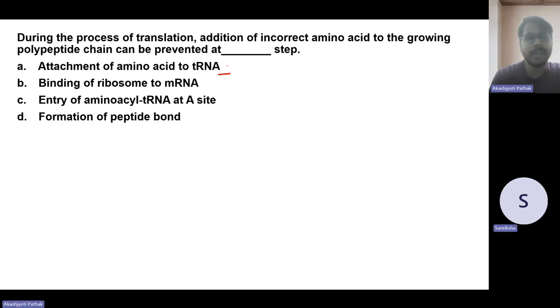Depending on the anticodon sequence, a particular amino acid will be recruited, right? So if you have to inhibit the incorporation of an incorrect amino acid, you have to prevent the attachment of the incorrect amino acid to the tRNA. Then the incorrect amino acid will not be incorporated, right? So the answer is option A.